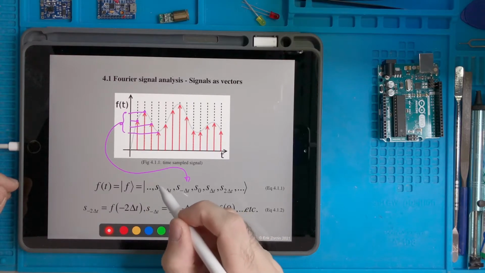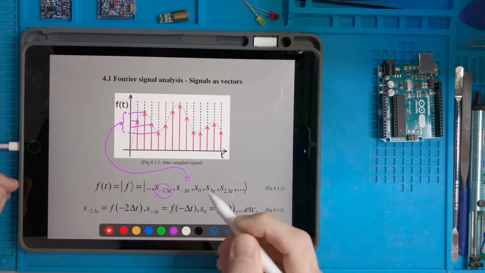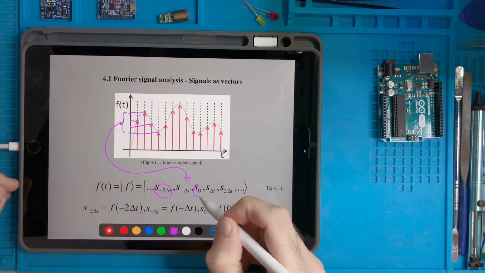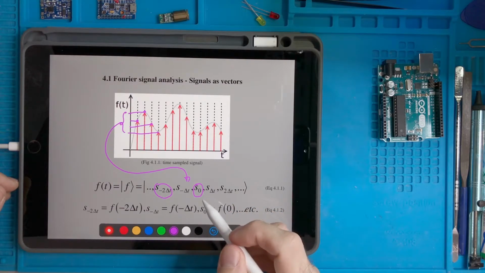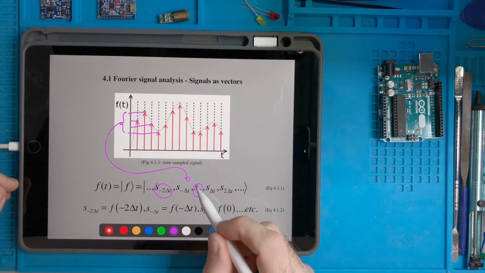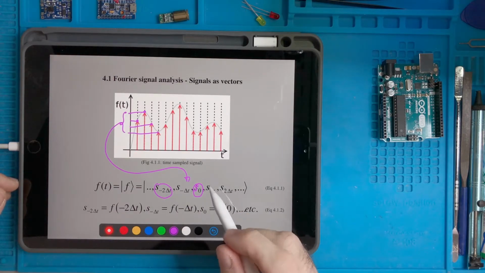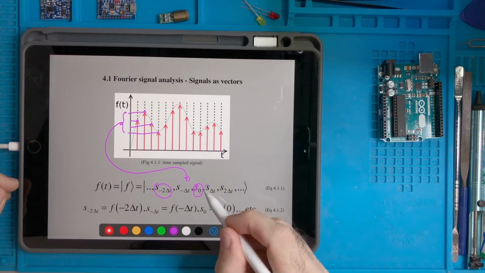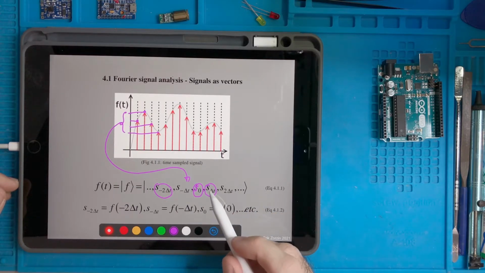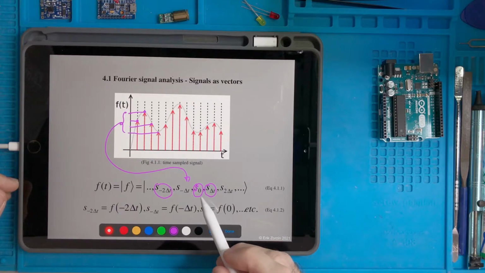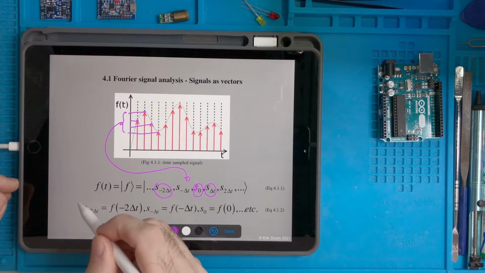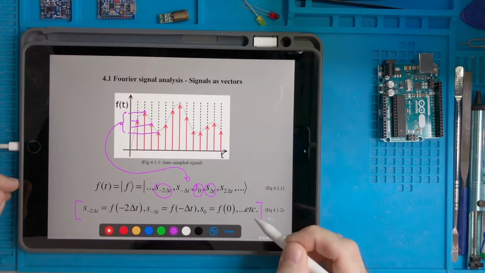So here you have the values: the value of f at the time t equals 0, I call this sample 0; the value of f at the time delta t, I call this sample of delta t, and so on, after the time 0 and before the time 0. This is what is written here basically.